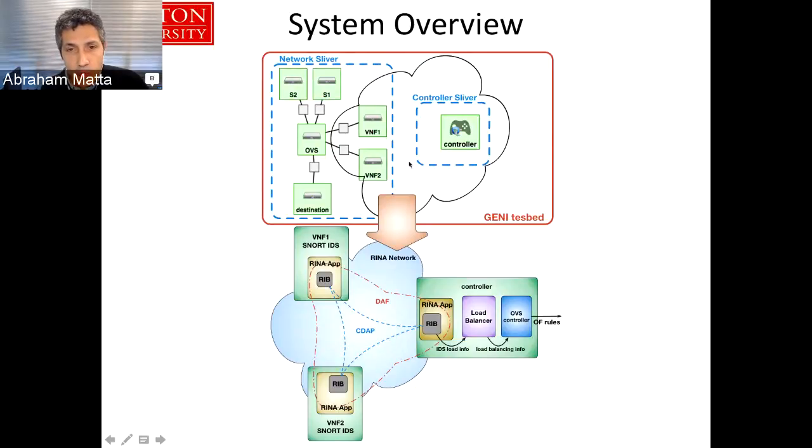If I zoom in on the VNF hosts and the controller, we're going to run a monitoring application across them. As I mentioned, we use the RINA application architecture to run processes on the VNF hosts that I'd like to balance load across, and also a process on the controller.